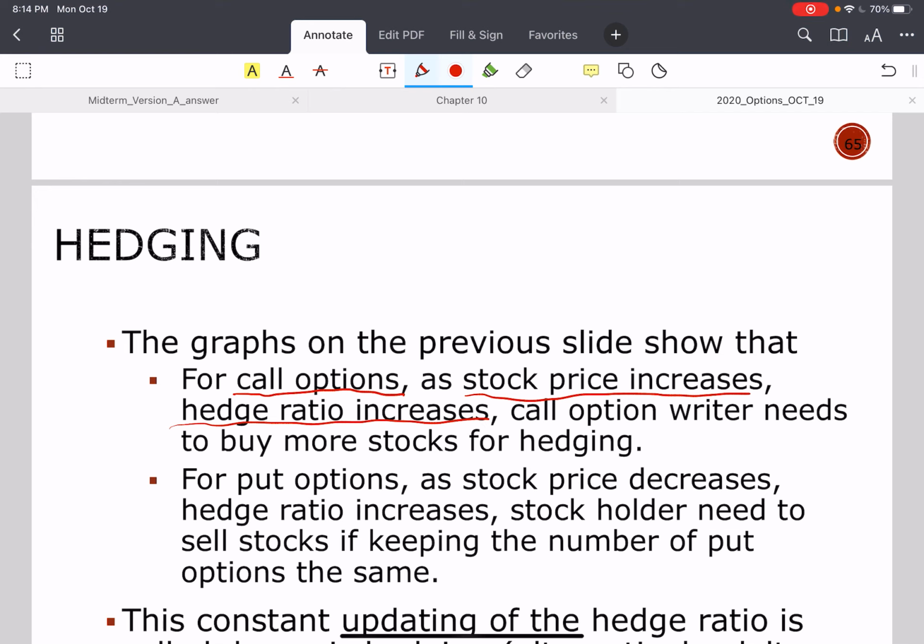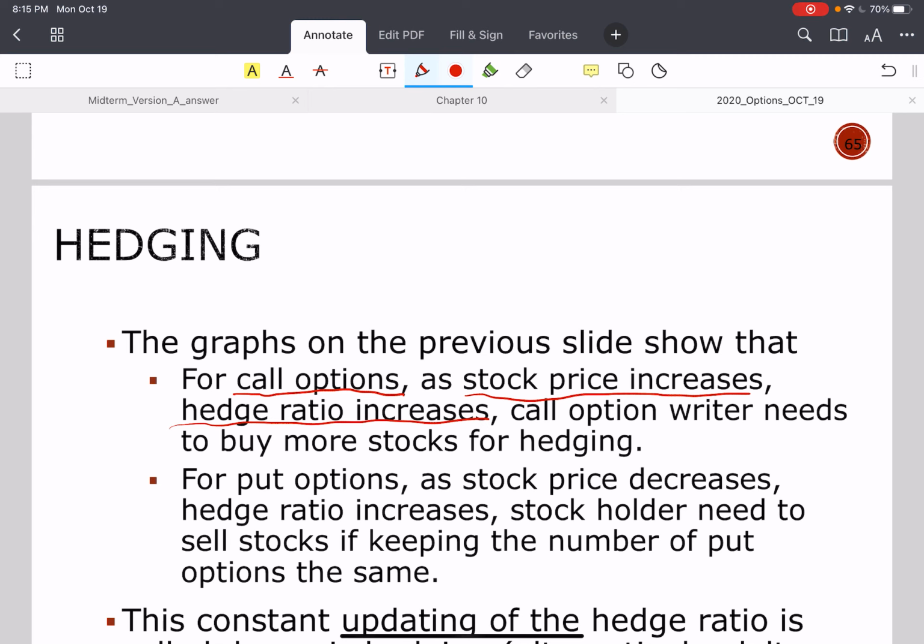You will have an equity position. And this basically means that if stock price increases, as a call option writer, you will have to buy more stocks for hedging, because the hedge ratio increases.